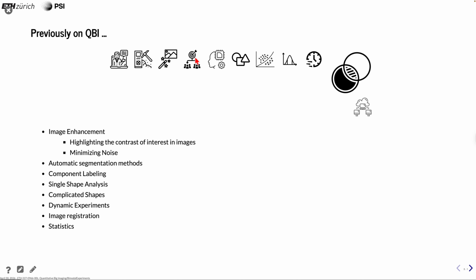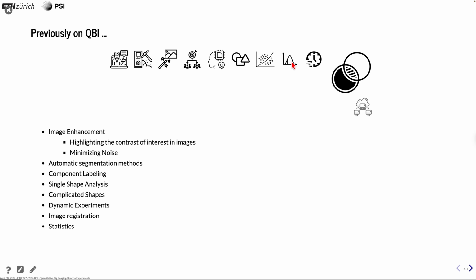And then we did some segmentation of different kinds and used the segmented objects to do shape analysis of different kinds. Going on with more advanced shape analysis, looking at distributions and thin structures.